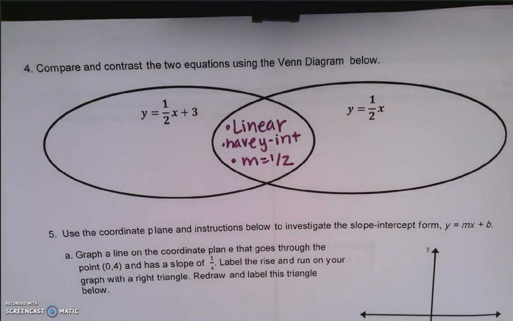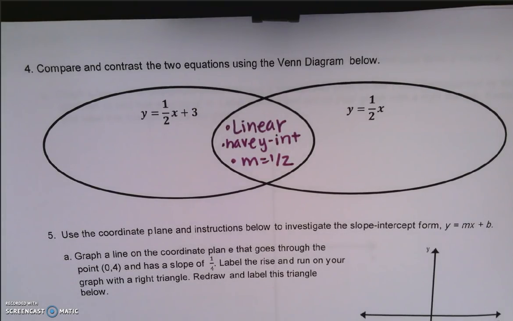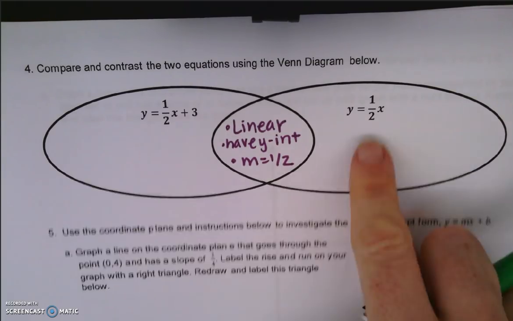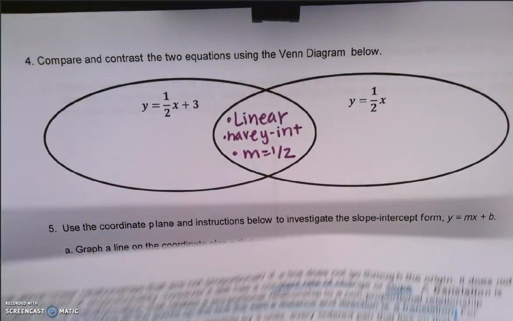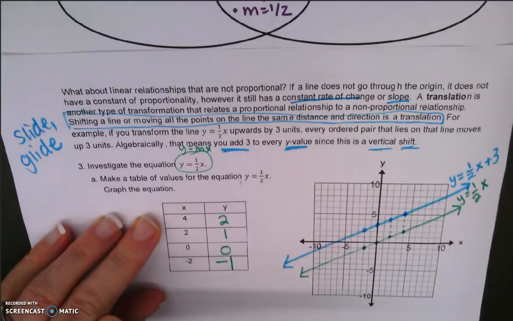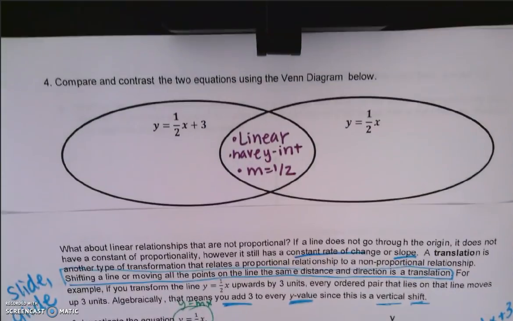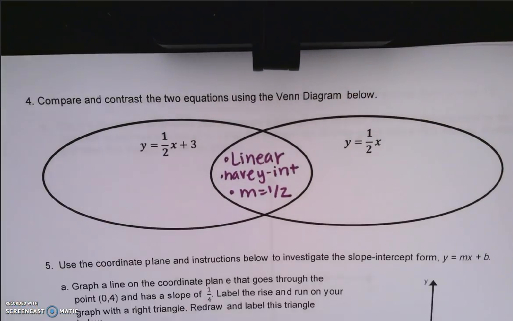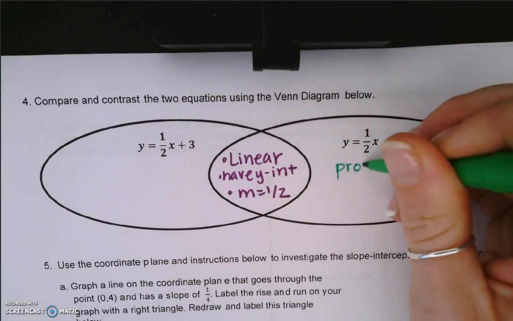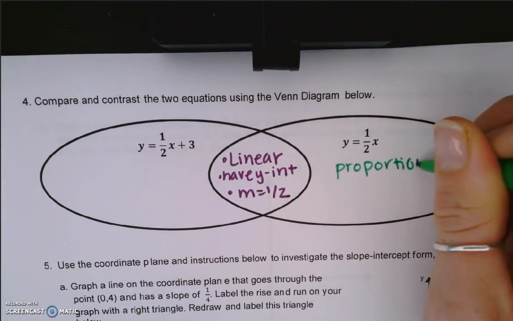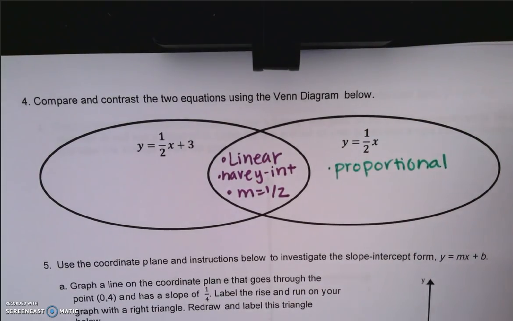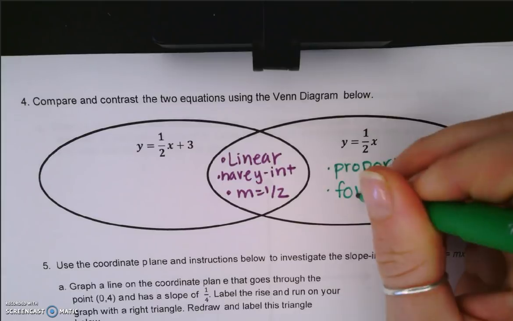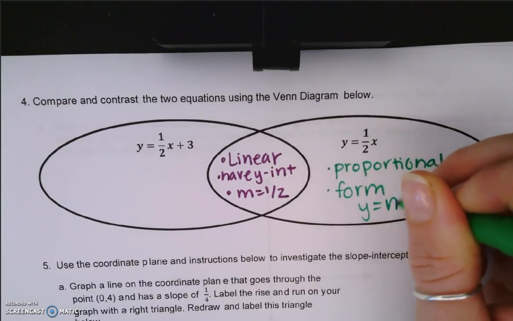So what's different? Y equals 1/2 x. That's the first relationship that we graphed on the previous page. That was the first one that we looked at. Well, that one's proportional, which means that the line includes the origin, and the form is y equals mx.